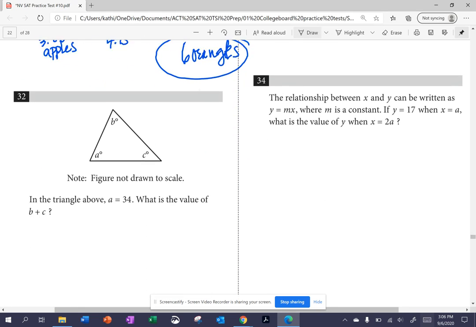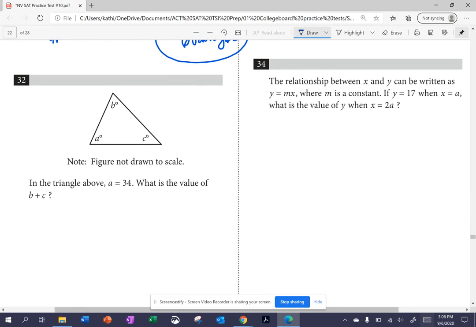32. In the triangle above, A equals 34. What is the value of B plus C?